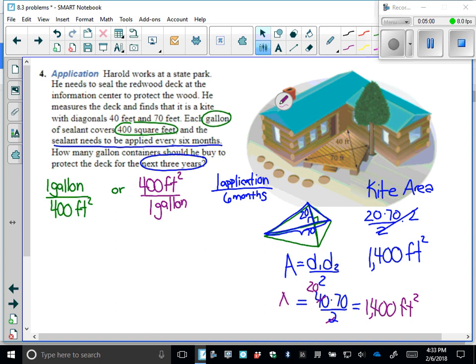That's the surface area. So if I were going to put that into dimensional analysis, I would say that that would be the area per one deck.